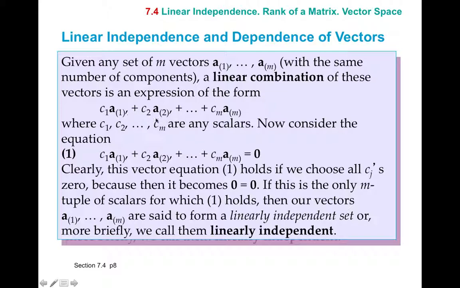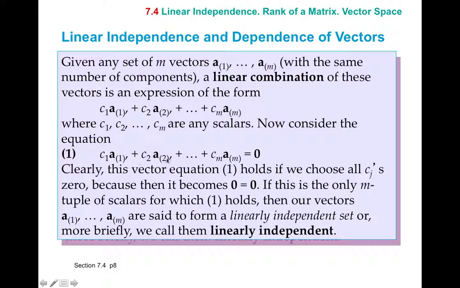We can make a linear combination of those m vectors, with constants or scalars c1 through cm, and they can be any scalar. And so now let's consider an equation where we would have these coefficients times these vectors equal to 0.